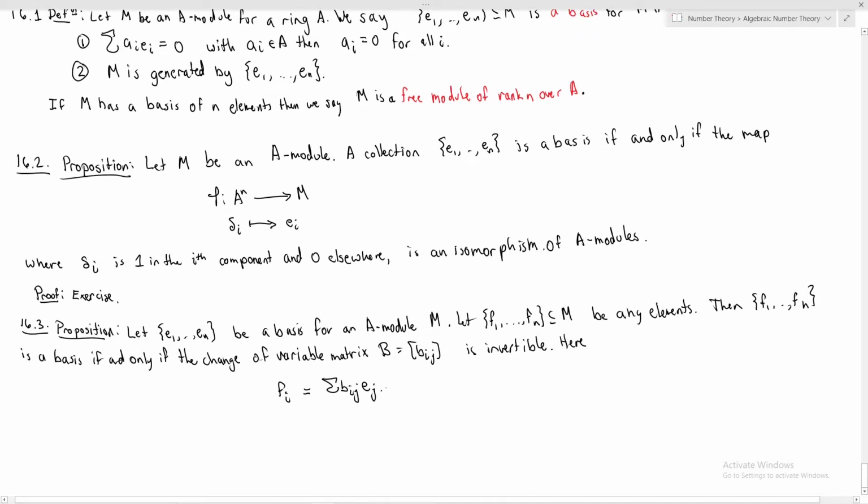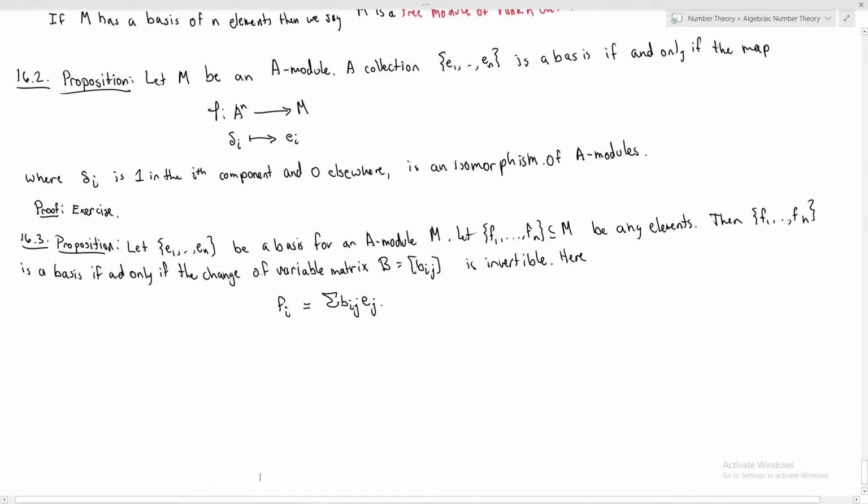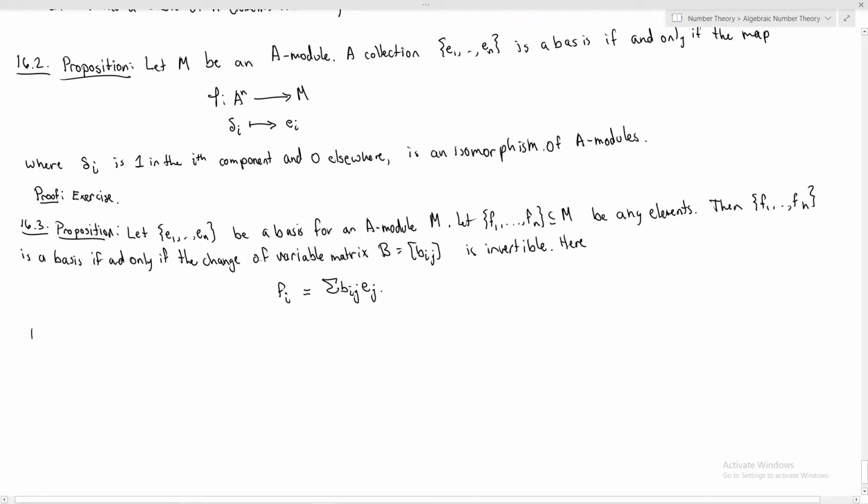And the proof, you can prove this basically using linear algebra, the same technique you would use from linear algebra. Maybe there's a more clever proof. Basically, we have the following commutative diagram.